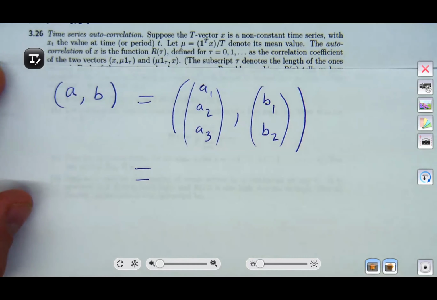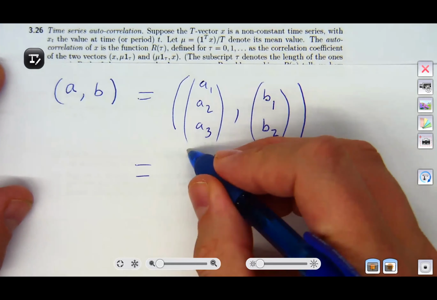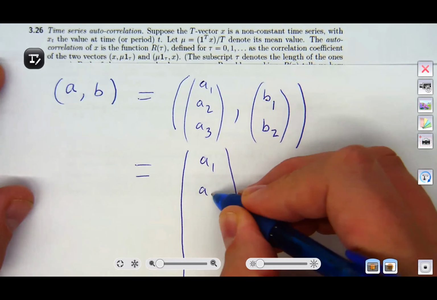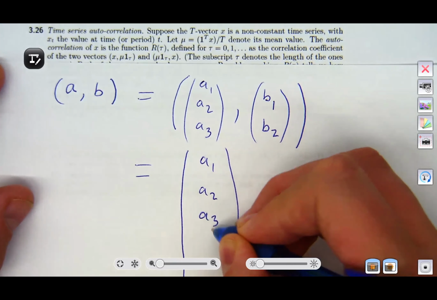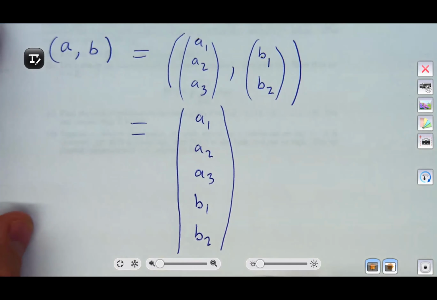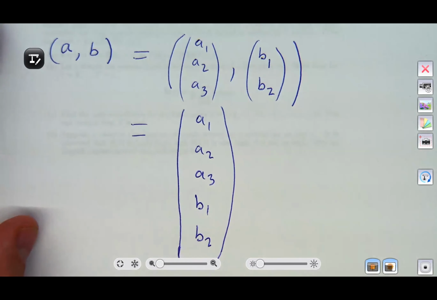It's like concatenating if they were two rows. So A1, A2, A3, B1, B2, and there you go. That's what this means.